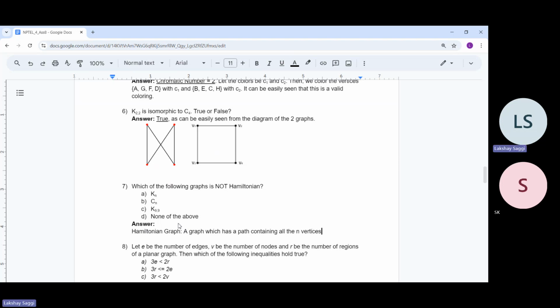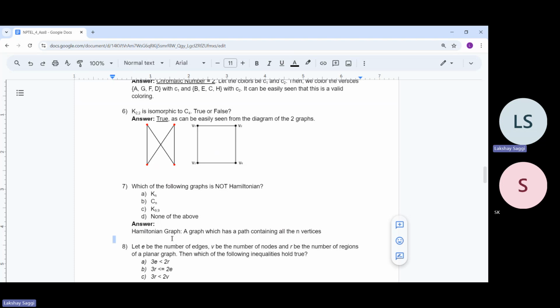Note that by path we mean a simple path, and these kinds of definitions have already been covered in the lectures. No vertex or edge repeats in this path, but all the vertices should be present in the path, and this is what we call a Hamiltonian graph.